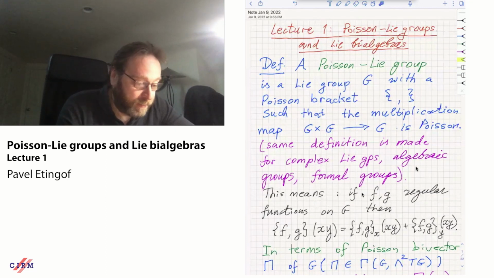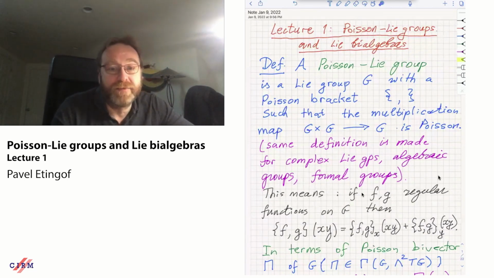So this map G cross G to G maps (x, y) to x times y. This means that if you pull back a function f, then you will get a function of two variables, which is f of the product x times y.